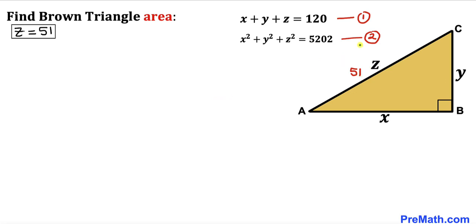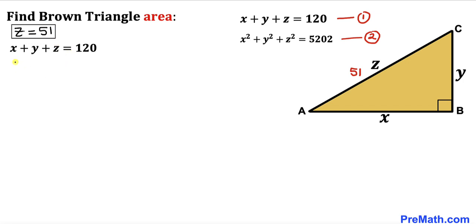Here's our next step. Let's focus on equation number 1. Here I have copied down equation 1: X plus Y plus Z equals 120. We already figured out our Z value, which is 51, so I am going to substitute Z by 51.